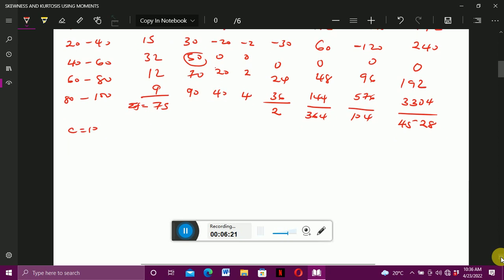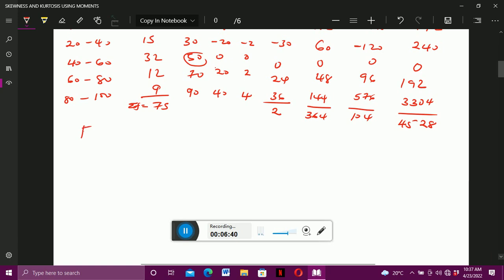So now, because we want to get the first 4 moments about the mean, first of all, we obtain the first 4 moments about the point 50, because our A is 50.